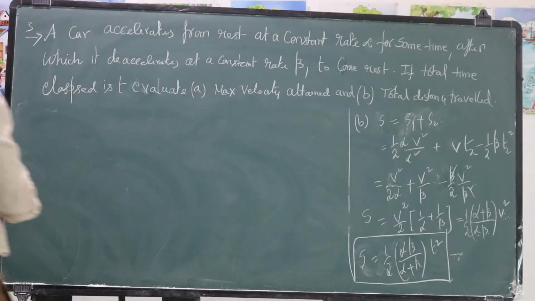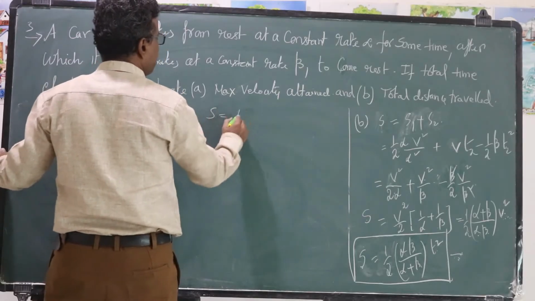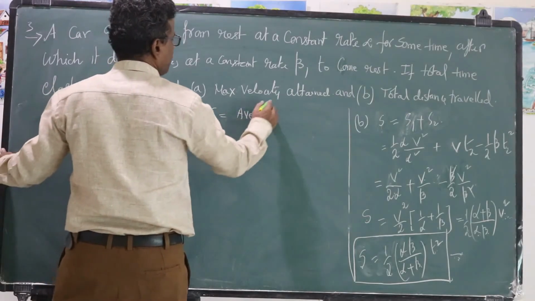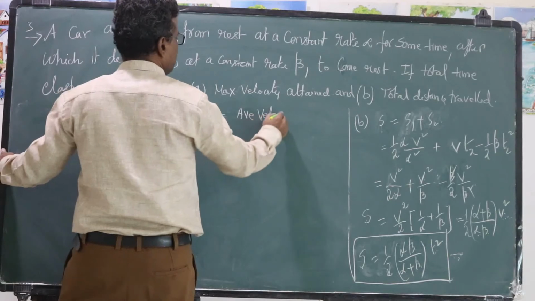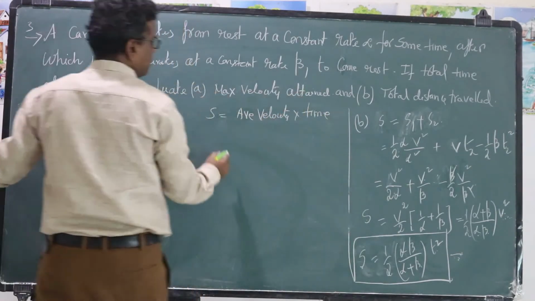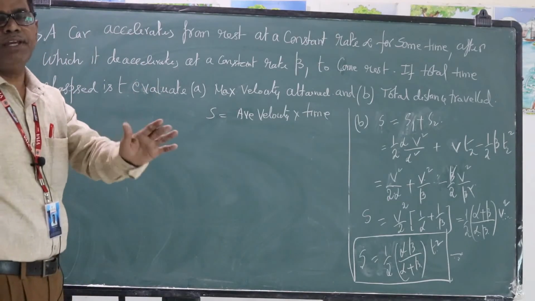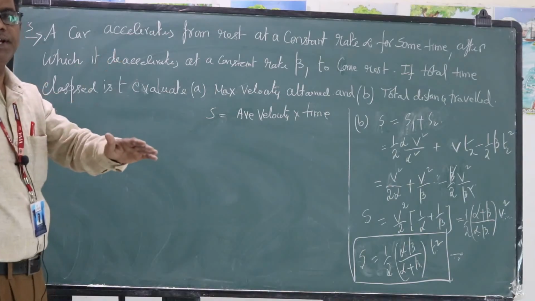S is equal to average velocity into time. Starting from 0, it attains a maximum speed v and uniformly decreases again to 0.